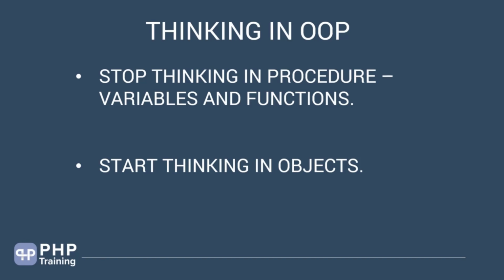Also, you have to do a mindset shift from procedural language to an object-oriented language, wherein you have to understand what benefits you're going to get in moving away from procedural and moving to object-oriented programming. Well, that's all about what OOP is, and I hope you get a pretty good idea of what OOP is and how you're going to start organizing your code into an object.